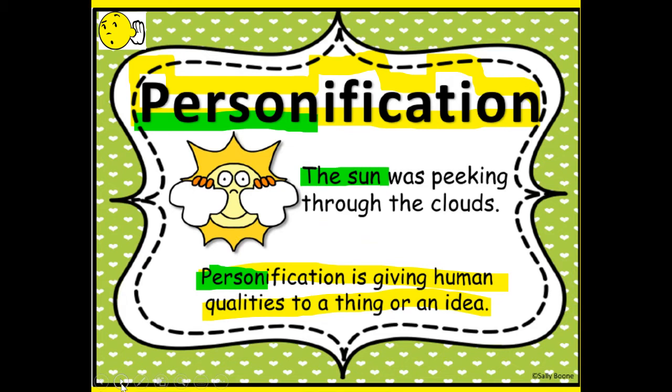And here's our example of personification. The sun was peeking through the clouds. So that's a type of figurative language, making the sun act like a person or a human. Is the sun really peeking through the clouds? No, but it's like they were peeking through the clouds.